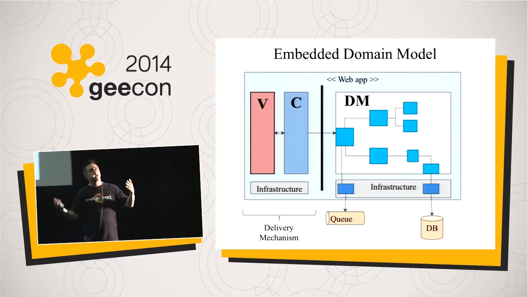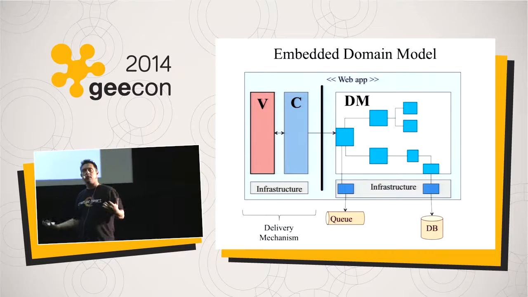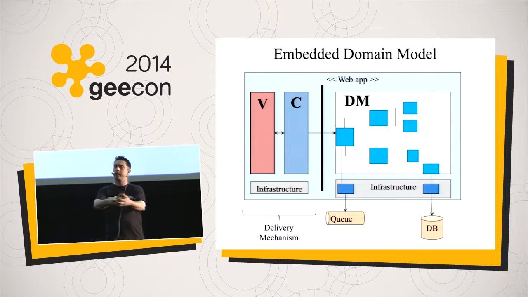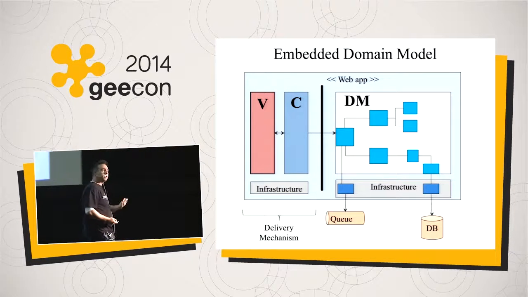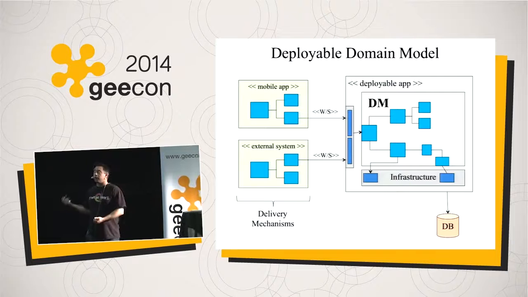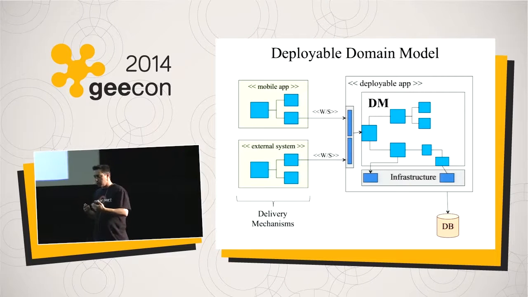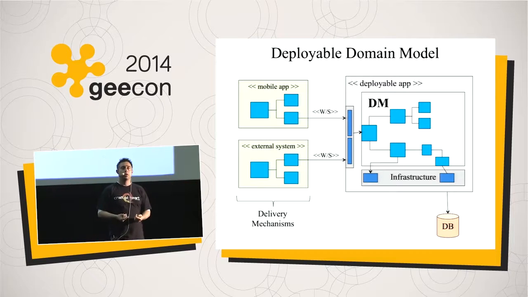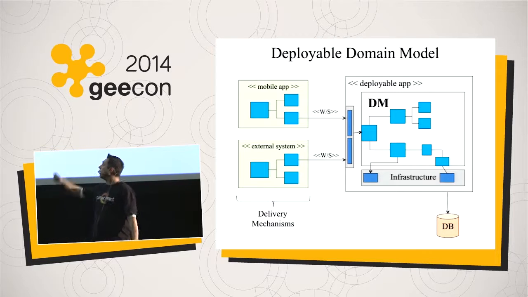However, if the application is small and simple, I can bundle my domain into the same application and deploy the whole thing together. But the separation needs to be very clear. And if the application grows or changes, I can just wrap my entire domain model, and with some architecture, I can have it deployable, and then you have all these exposed as a web service.